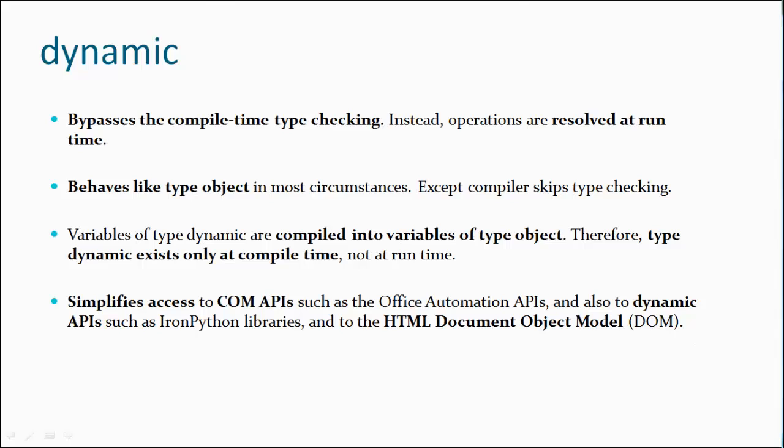C# 4.0 introduces a new type, dynamic. An object of type dynamic bypasses compile time type checking. This means the compiler doesn't care what type of value we will be assigning to it. In most cases it will function as an object type, but it is different from the object type as it allows you to do any operations at compile time.